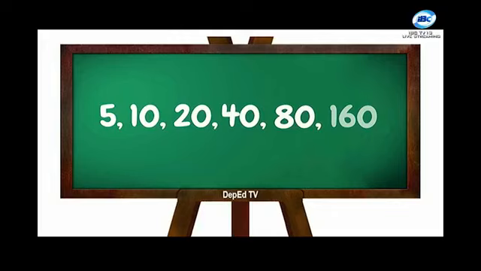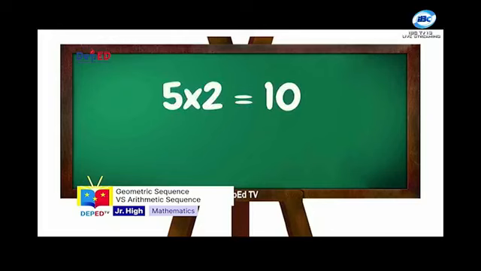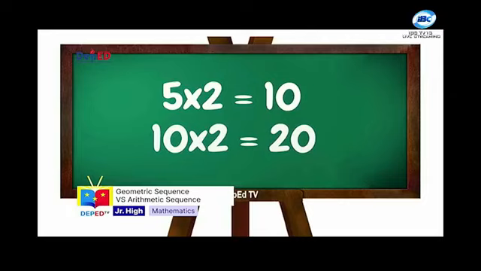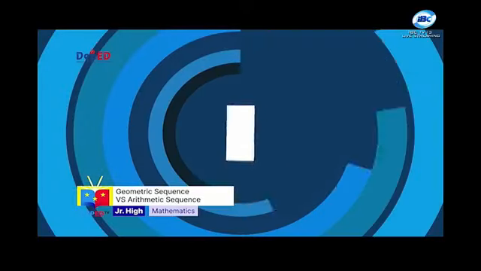Can you see any pattern from this sequence? Yes, that's right. Considering 5 pesos as the first term, the second term, 10, can be obtained by multiplying the first term 5 by a constant number 2. By multiplying the constant number 2 to the second term 10, you will get the third term 20 and so on.